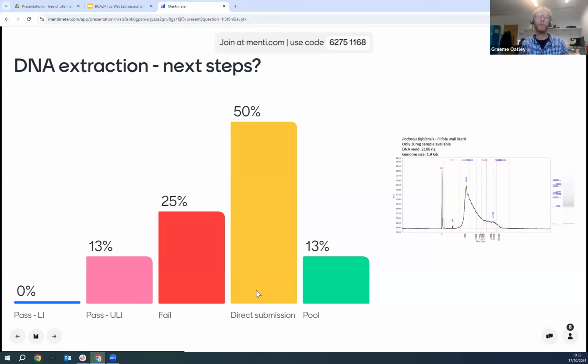What I would say is that we did do a spry on this, something we would do during our direct submission process. So we did a half spry to try, if not eliminate this peak, to lower it down so it's not so prominent in our DNA profile.